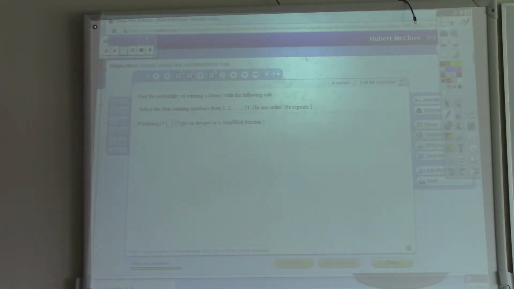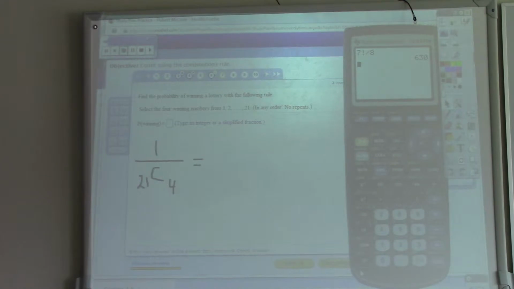All right, so in this case, you got 1 over 21 combination of 4. So take your handy dandy calculator, and that would be 21. Let's see if I got a combination in there somewhere.